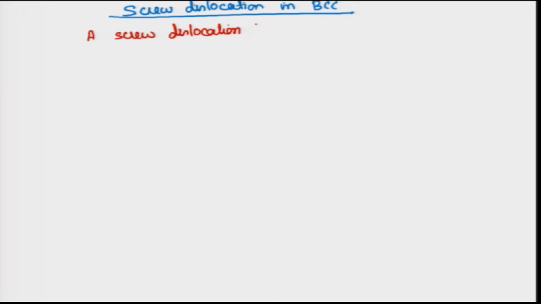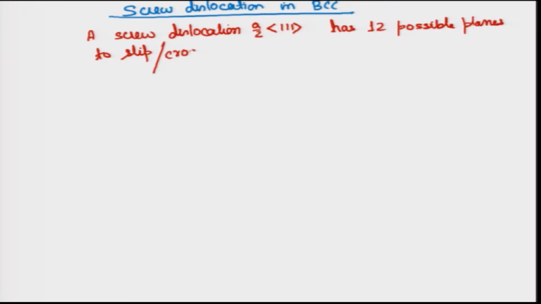It should be equal to a/2 <111> type Burgers vector, which has 12 possible planes to slip on. Slip, or actually cross slip I should say, because it can leave this one plane and go on to the other plane.